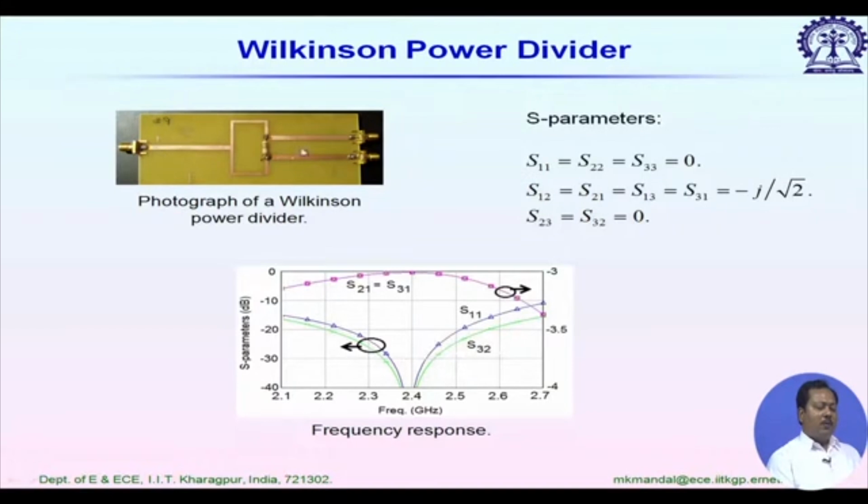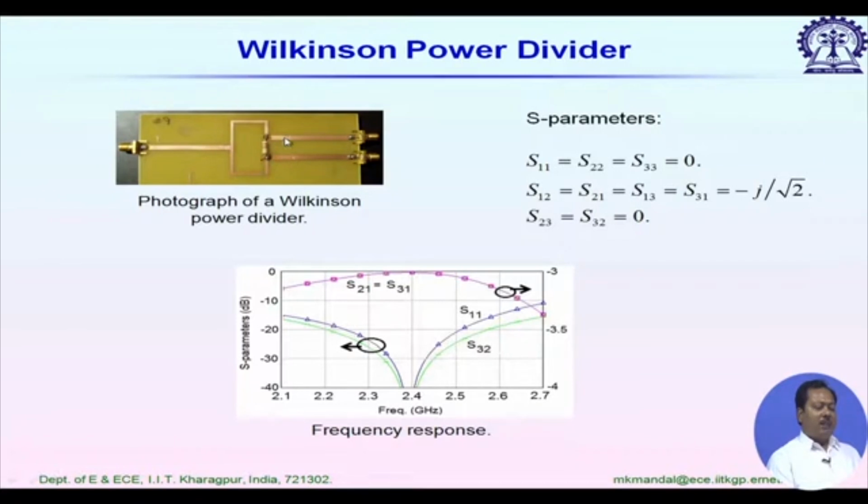From all the ports, we should have 0 reflection. That means S11, S22, S33 should be 0. From port 1 to port 2 and from port 1 to port 3 and vice versa, they should be equal, but we have a change of phase of 90 degrees, and this phase difference is the same for both ports.